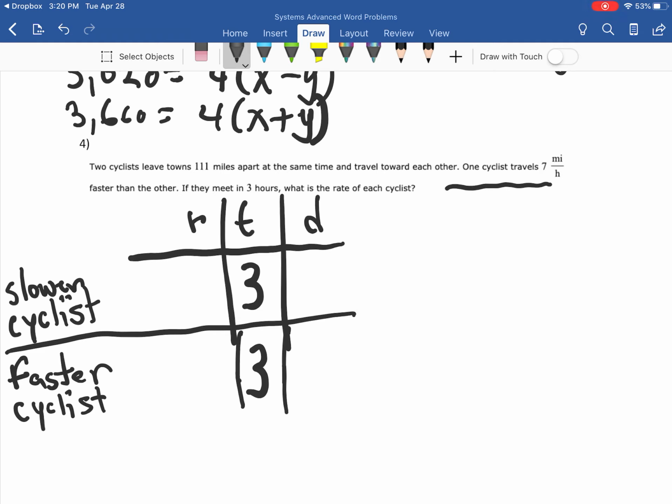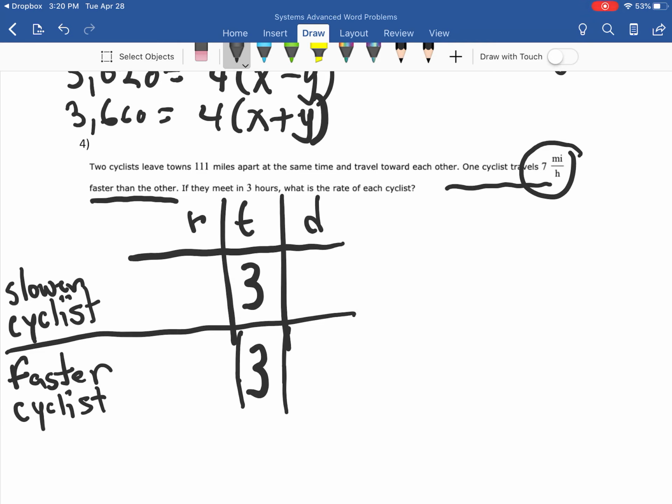One cyclist travels 7 miles per hour faster than the other one. So let's say the slower one's rate is 10 miles per hour. Then the faster one must be going 17, okay, because it's 7 miles an hour faster. If the slower one's rate is 20 miles per hour, then the faster one's going 27, okay?